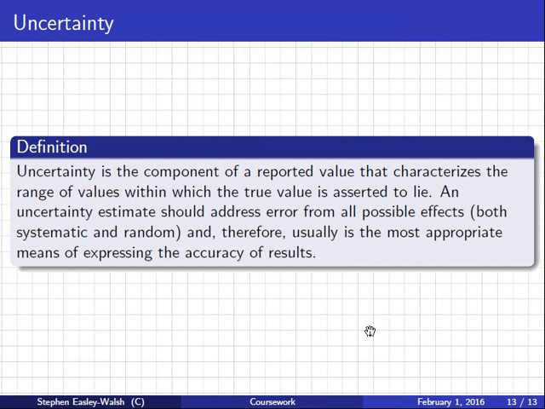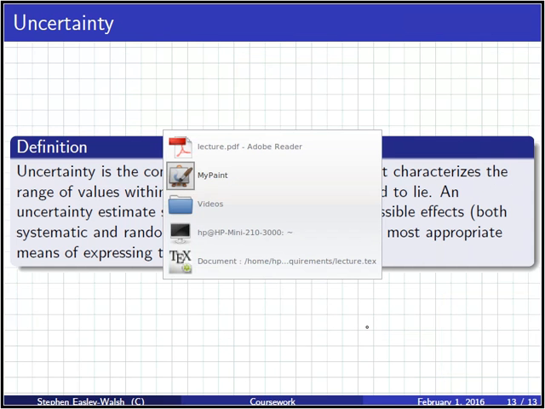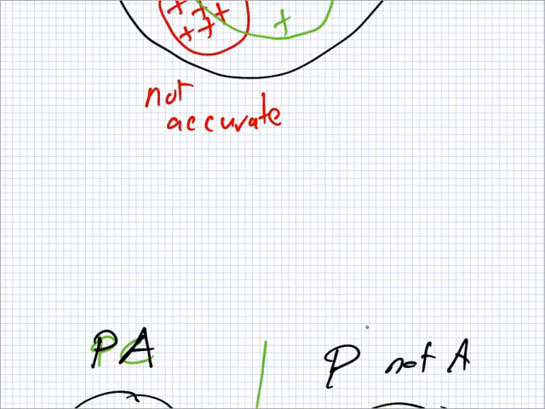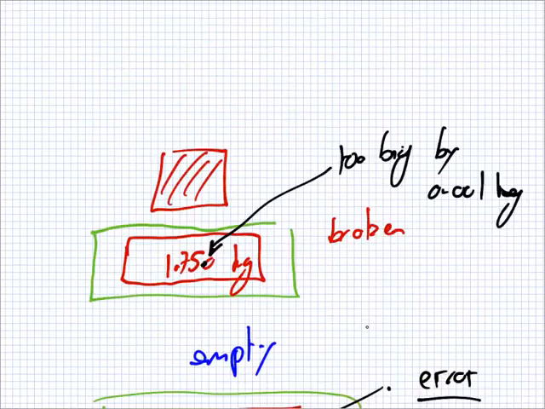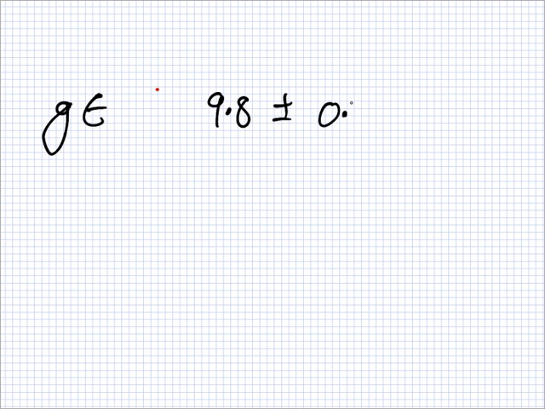I don't think I want to talk about uncertainty because I did already. So remember, uncertainty, I said at the start. For example, you can say you think G could be somewhere from 9.8 plus or minus 0.2 meters per second squared.